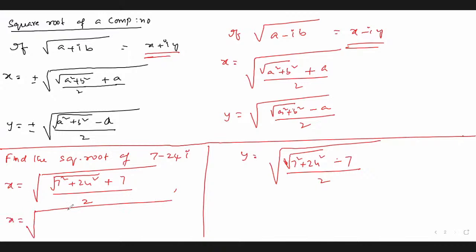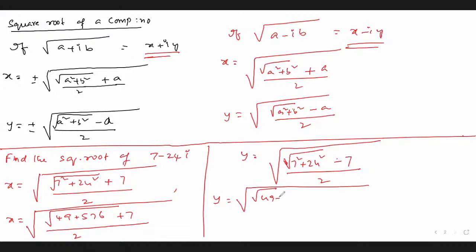X is equal to the square root of 49 plus 576 by 2 plus 7. Y is equal to the square root of 49 plus 576 minus 7 by 2.